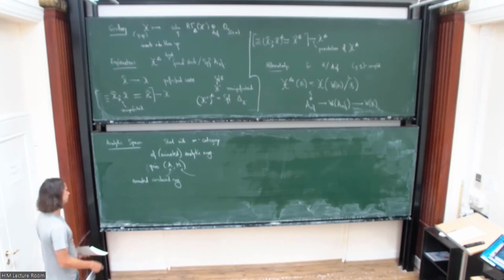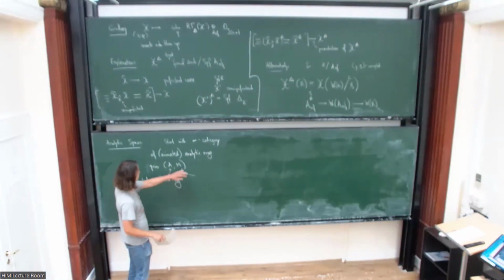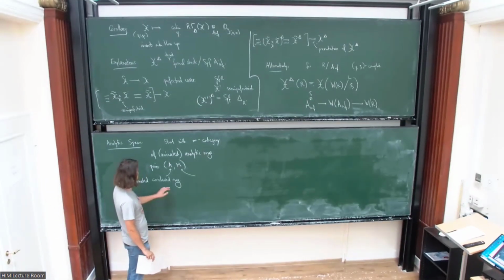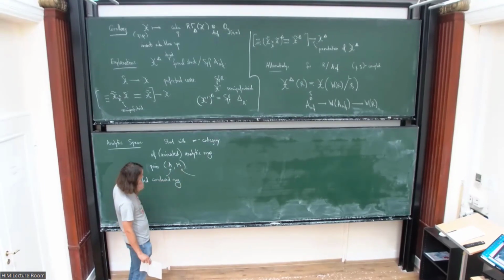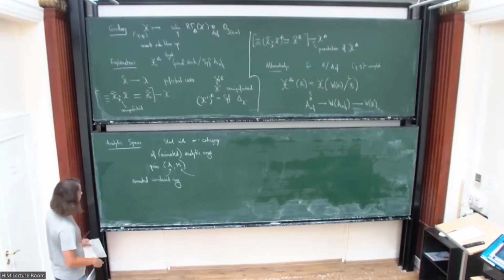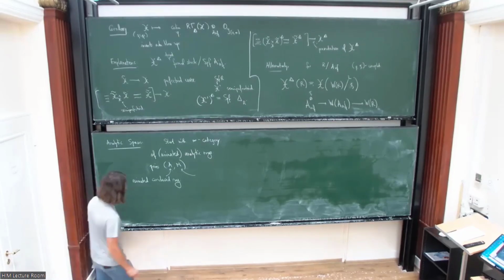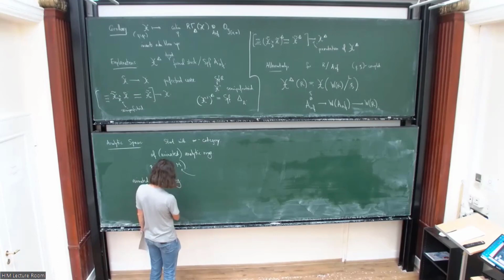There are several different equivalent definitions of what an analytic ring is. It's always a pair of such a condensed ring and some extra data. And what precisely this extra data is depends on your choice; different people have different favorite choices for this. But what it's meant to do is it's supposed to single out the class of complete A-modules.